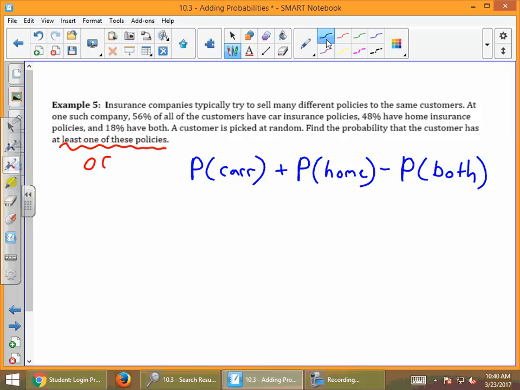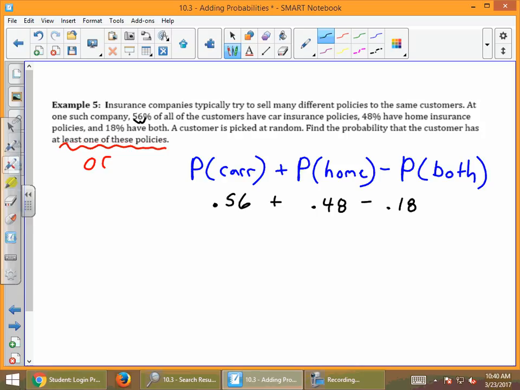The probability is 0.56. What's the probability of home? Great. Minus the probability of both. 18% turns into 0.18.